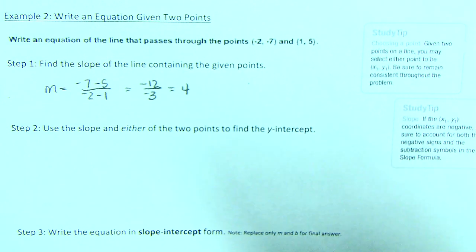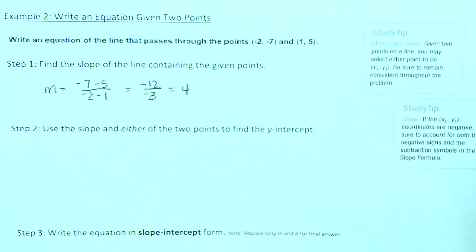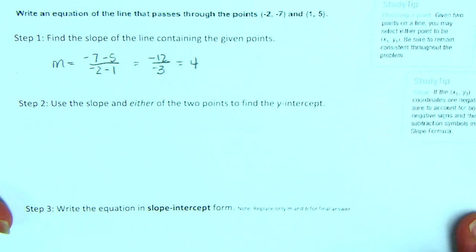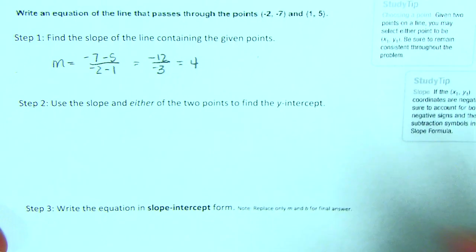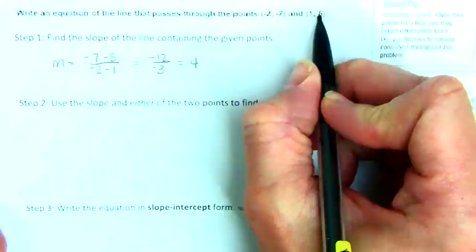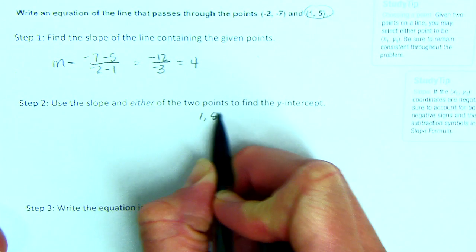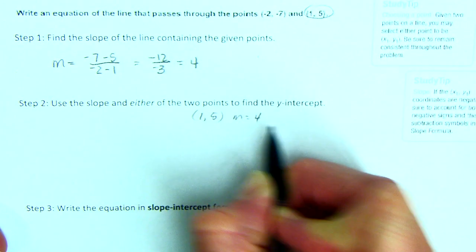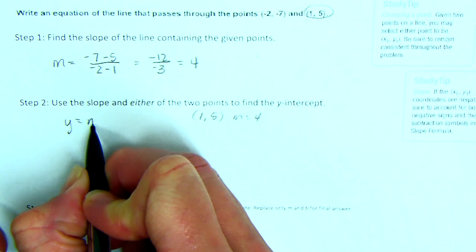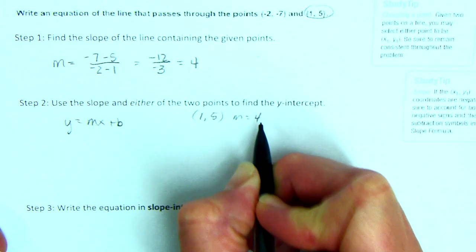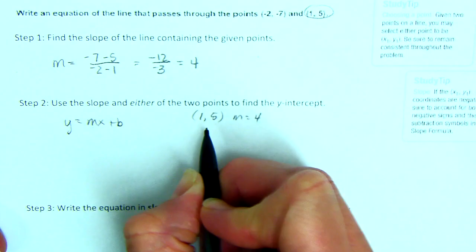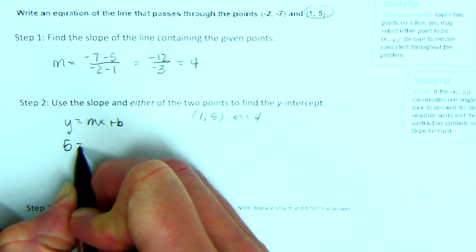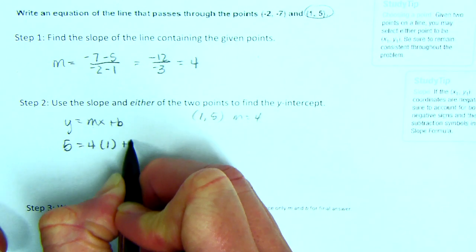Now we can use either one of those points. It really doesn't matter. I try to stay away from the negatives, but you can use either one, and they're both going to give you the same y-intercept. So I'm going to use the (1, 5), and our slope is 4. So I'm going to put it into our equation, y equals mx plus b. Obviously, slope goes here. 5 is going to be the y. So I've got 5 equals 4 times 1 plus b.